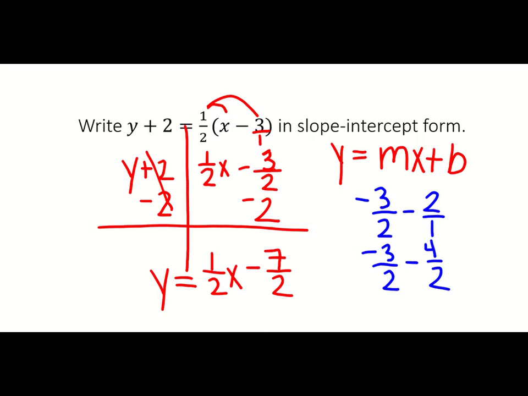So in slope-intercept form, this point-slope equation would read y equals 1/2 x minus 7/2. So that tells us we still have a slope of 1/2. That shouldn't change. But now we have a y-intercept at -7/2. Again, something that's not super friendly to graph, which is why we're going to rely on our point and slope to do it.